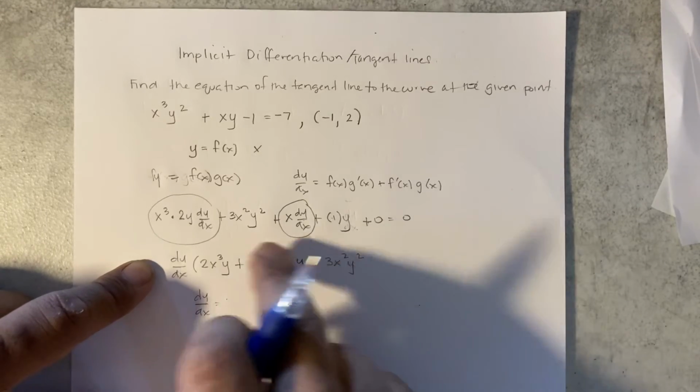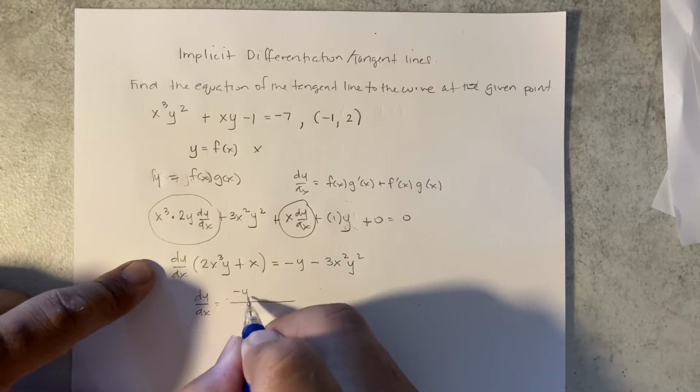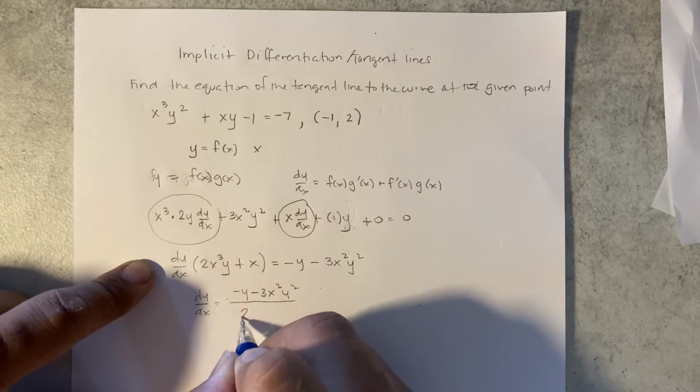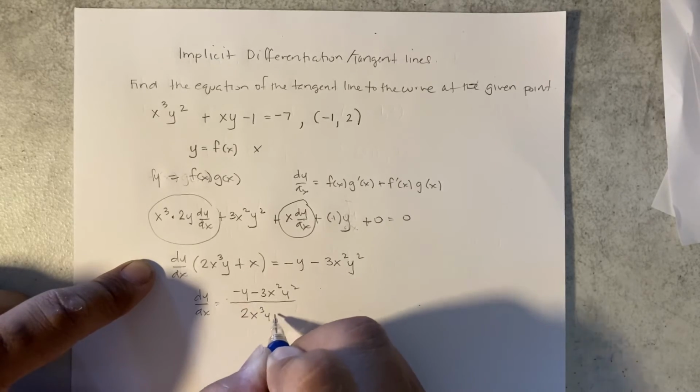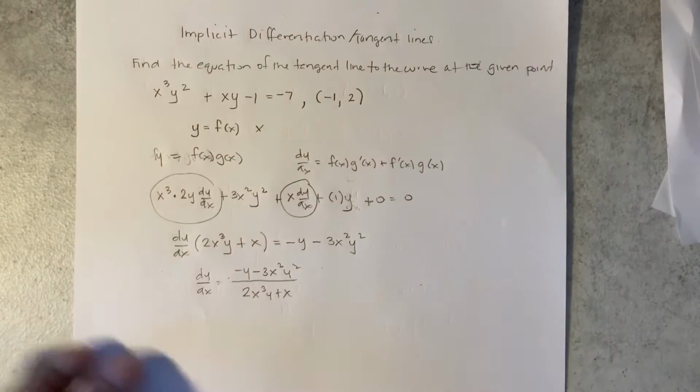So I'm gonna divide this by this here. So negative y minus 3x squared y squared over 2x cubed y plus x. Okay, so now we have the derivative of that function.